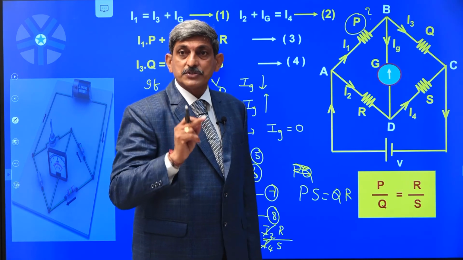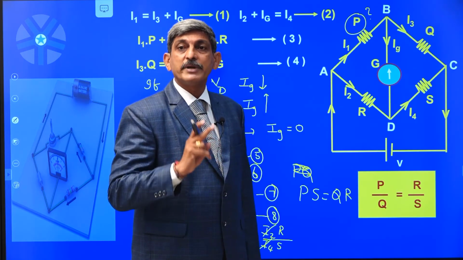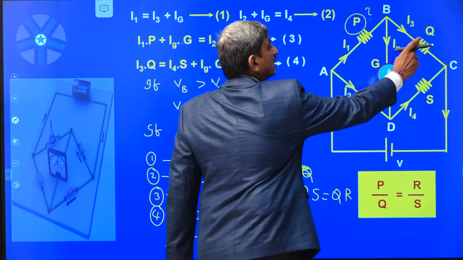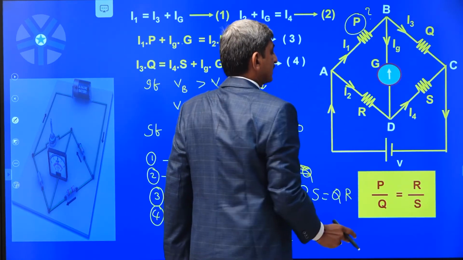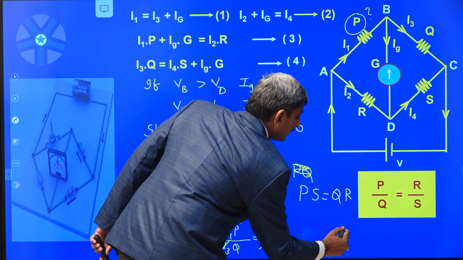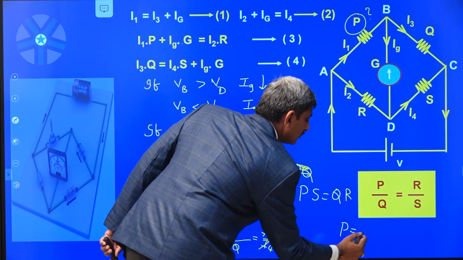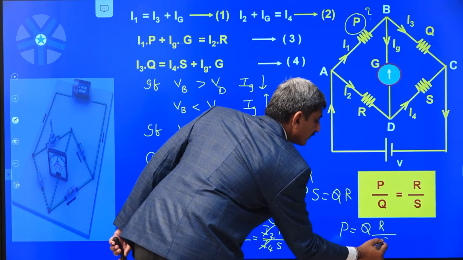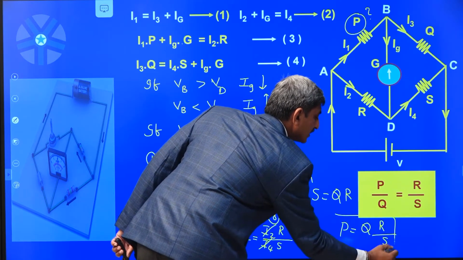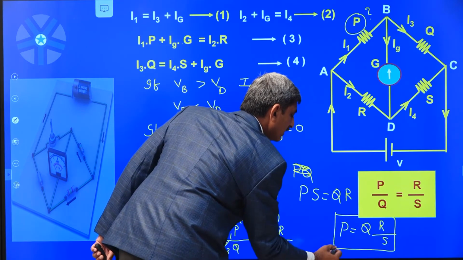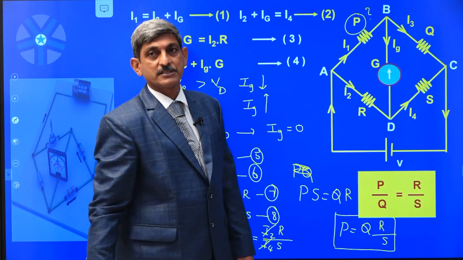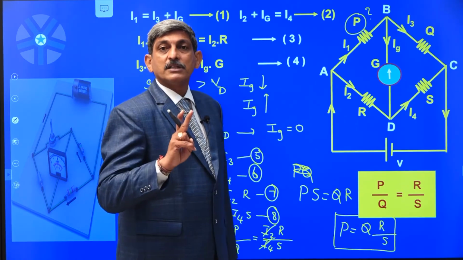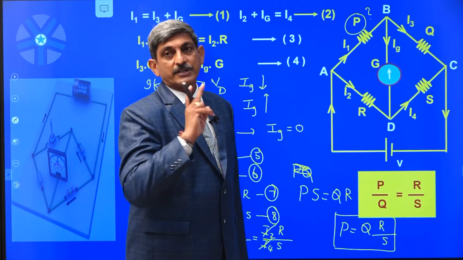Whenever the galvanometer shows zero current, we can say that the bridge is balanced. Whenever the bridge is balanced, note down these resistor values Q and S. Using this equation, we can write P is equal to QR by S. By using this equation, we can determine the unknown resistance value given for us.